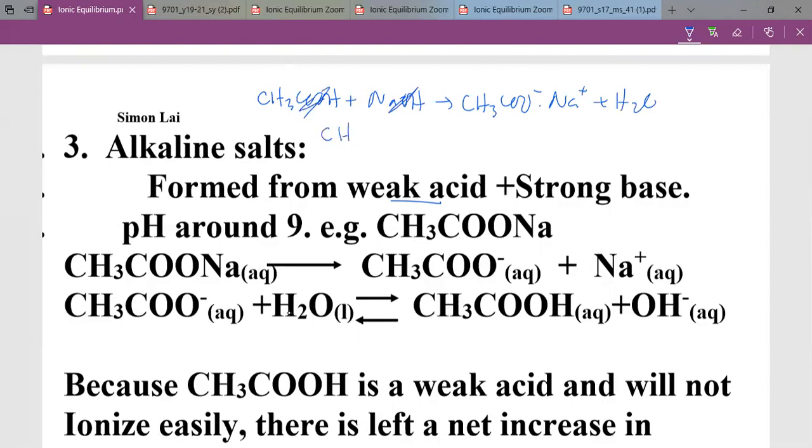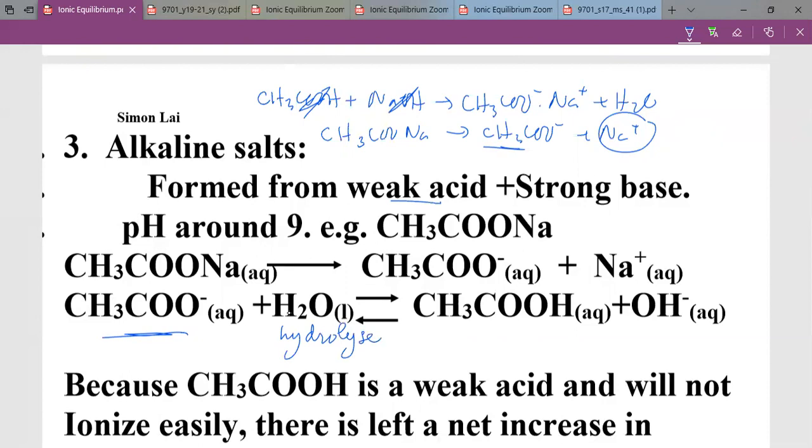This salt first ionizes to give the ethanoate ion plus Na+. Na+ is neutral, but the ethanoate ion is able to hydrolyze in water, meaning it reacts with water. Ethanoic acid is a weak acid, so it won't go back so easily, leaving behind an amount of OH-. That's why it's a bit alkaline, about 8 or 9.